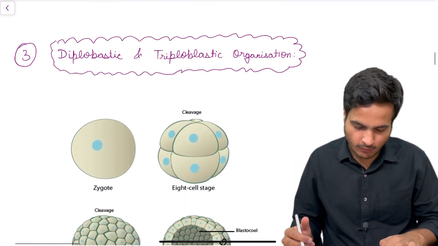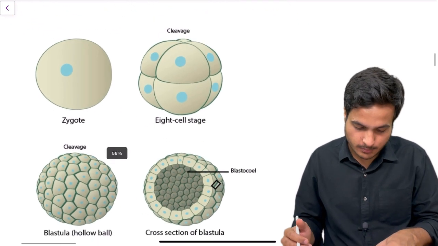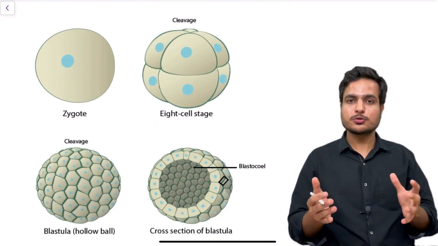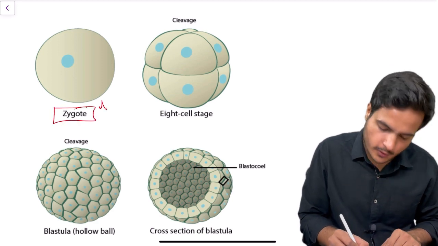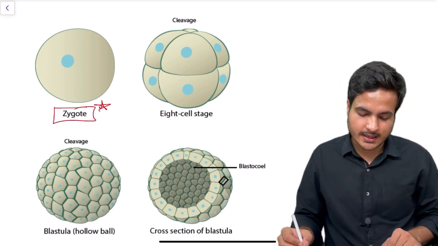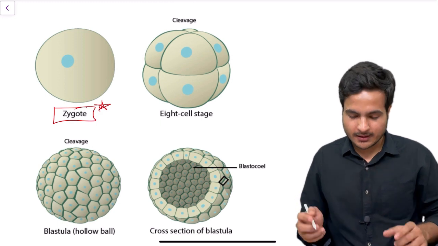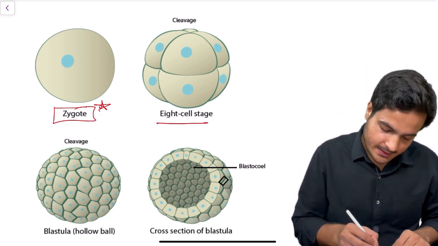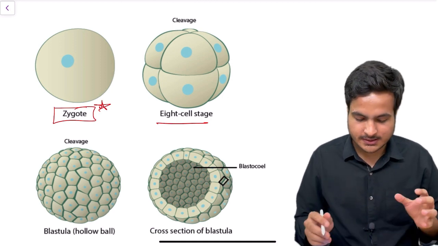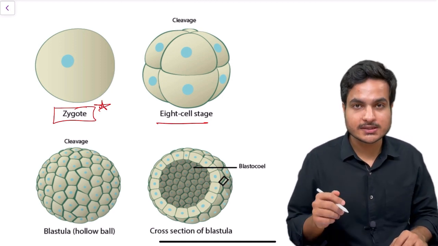So the story of life begins when male and female gamete fuse to form a single cell structure which is called a zygote. We all know that. And now this zygote, after multiplying, forms an 8-cell stage. Mind you, the size of the cluster of cells remains the same as that of the zygote, as you can see in this diagram also.